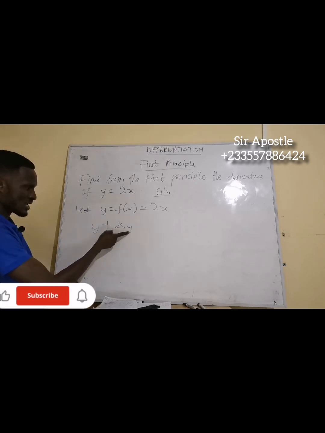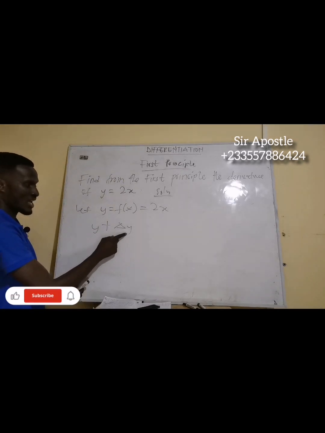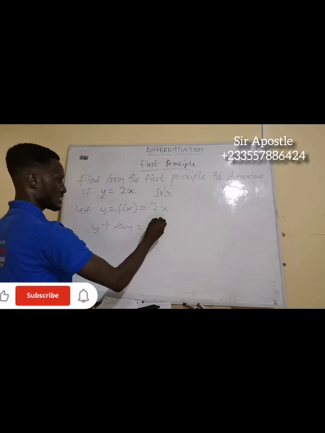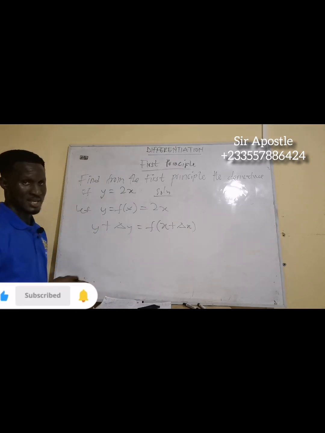So if y is changing, this is a change in y, so we have y plus its change. Now this one will also correspond to the change in x. So the change in x is delta x.